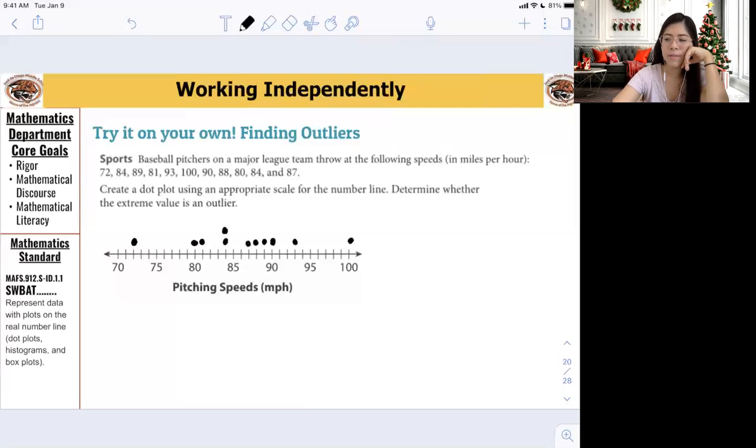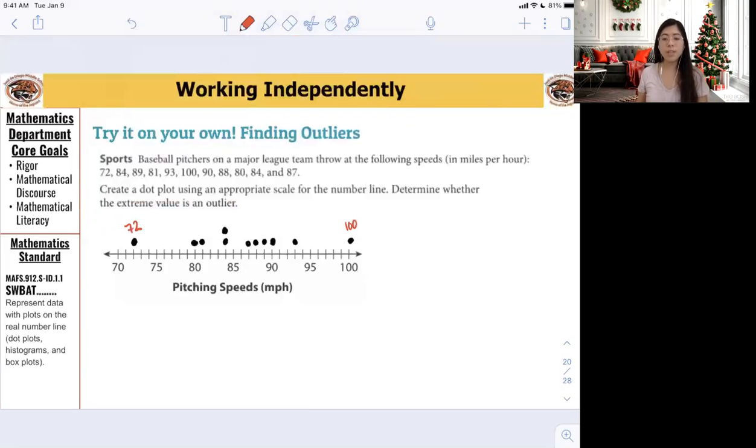I would say a little uneven. Yeah, a little uneven, right? It's not very clear, maybe there's outliers. Which numbers might be outliers? The 100? The dot between 70 and 75? Yeah, that's 72 and 100. So it's kind of hard to tell, right?